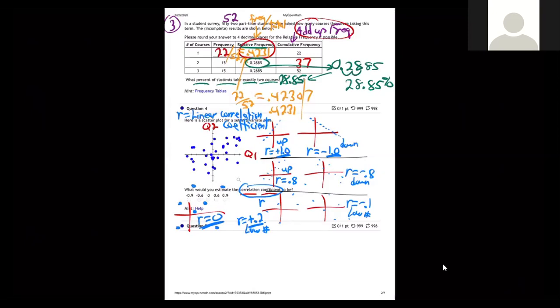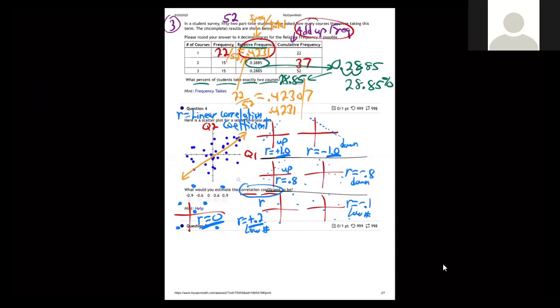All right, let's look at the example that is before us. Look at these dots they're giving us. What do you guys think? What I would suggest is try to put a line through the middle. Doesn't it look like the dots are going up to the right a little bit?